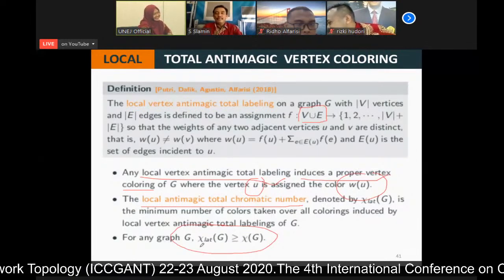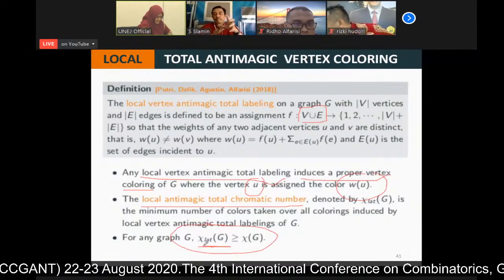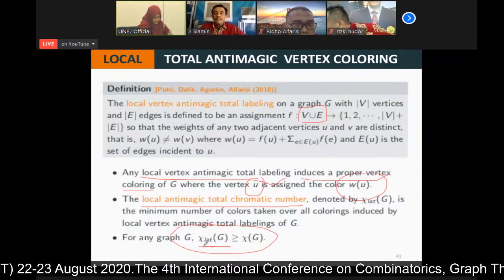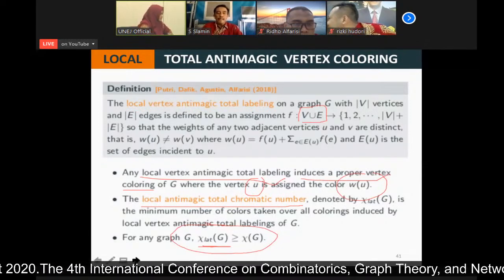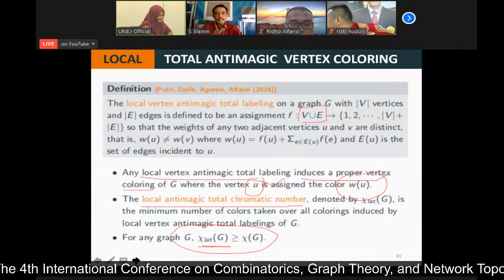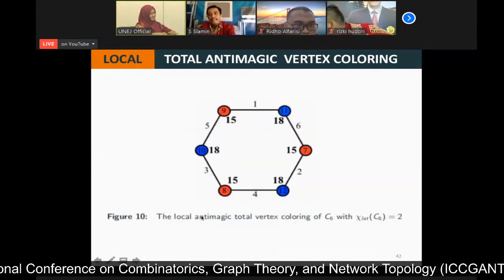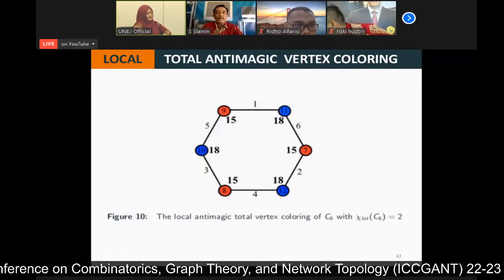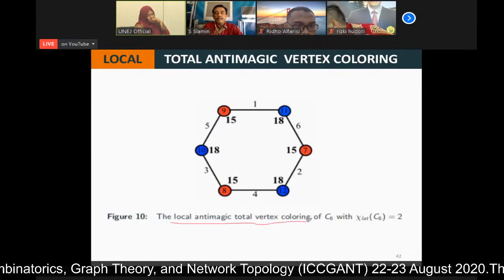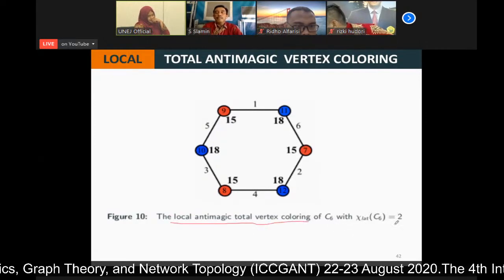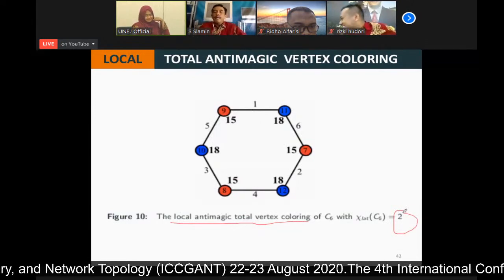Of course, this one is smaller because we can have some combination for the labeling of the vertices and the edges of the graph. Okay, this is the example. Now you can see that this local anti-magic total vertex coloring has chromatic number equal to 2, which is the same as the original one.